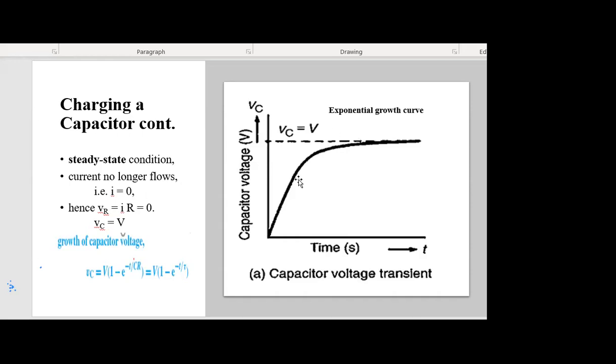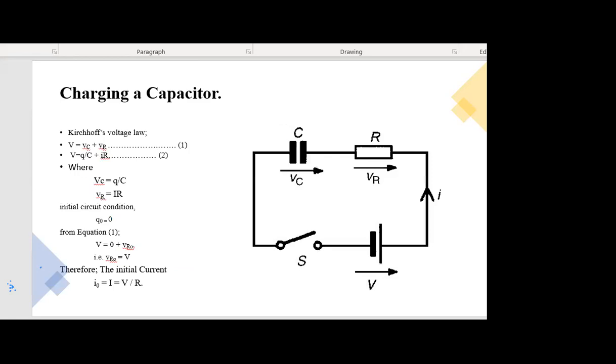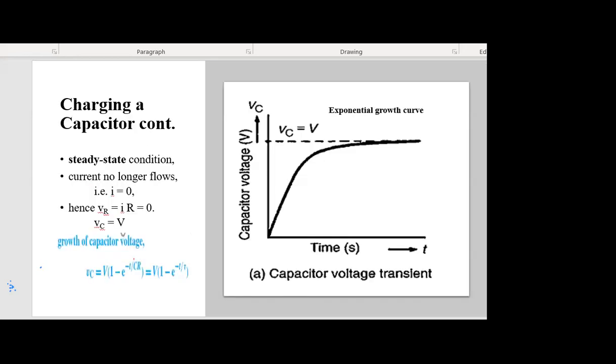So this can be represented in a graph. The graph here is the exponential growth curve. When I was starting, I said we are going to look at how the voltage grows in the CR circuit.